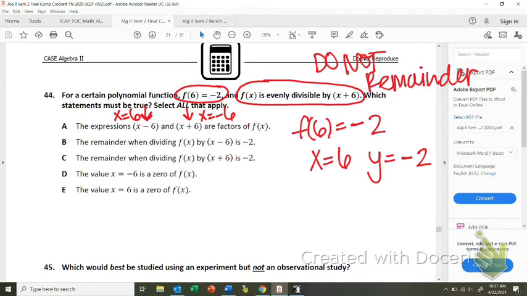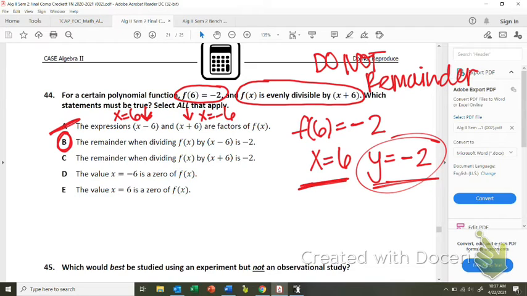Well, when we have x equals 6, we have a remainder of negative 2. So A cannot be it. When it says we are dividing f of x by x plus 6, or x minus 6, which comes from here, we get negative 2. So yes, that is correct.